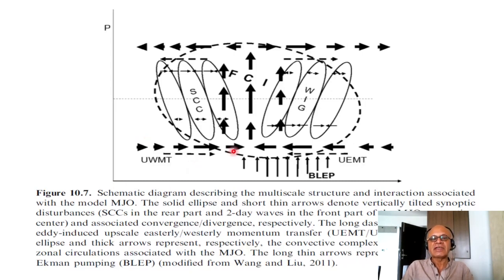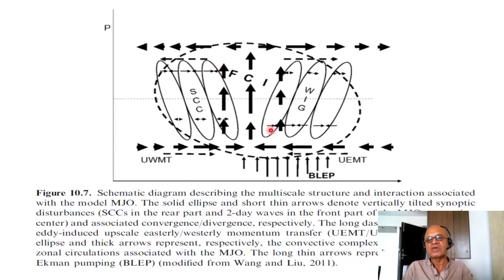Here we are looking then at the supercloud clusters that we mentioned, which propagate eastward along with the MJO but are tilting backward with respect to their propagation direction, and they are typically in the back side of the MJO as shown here in the westerly phase, and they are able to transfer that westerly momentum to the upper layer through eddy momentum transfer.